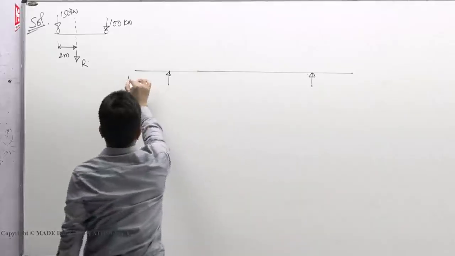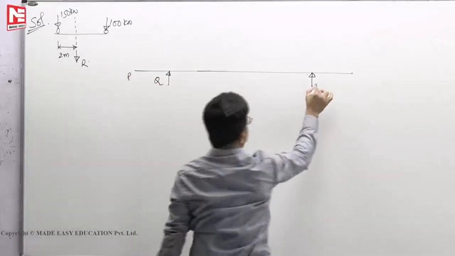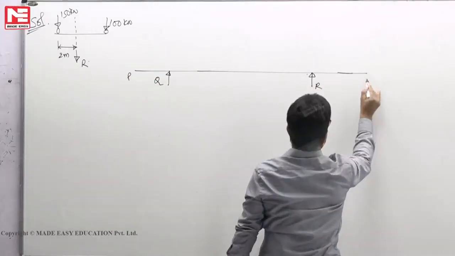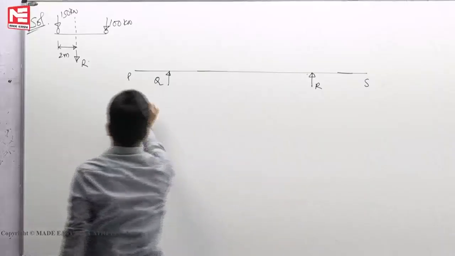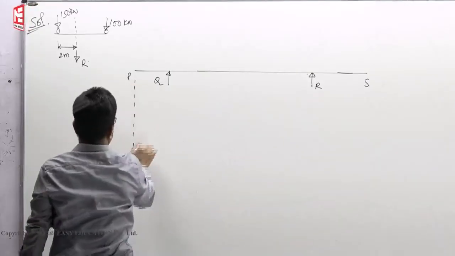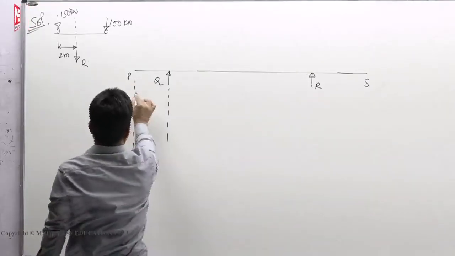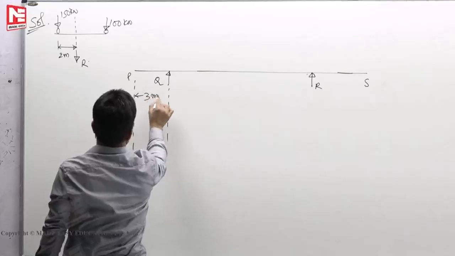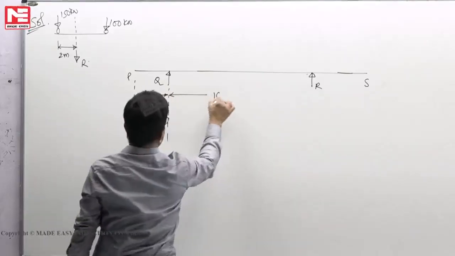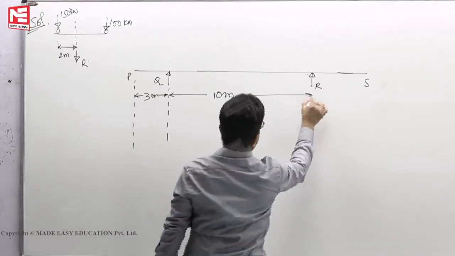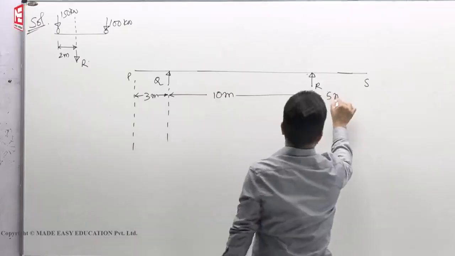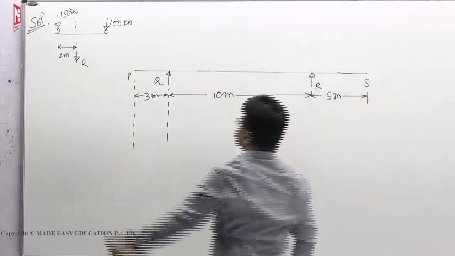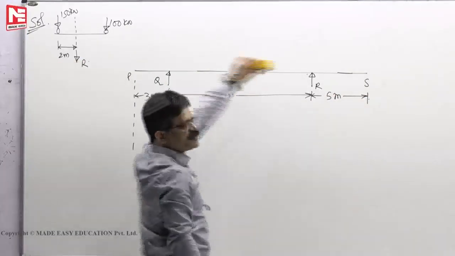Let us say this is P, Q, R, S. This length is 3 meters, 10 meters, 5 meters. This load system is moving on this beam.